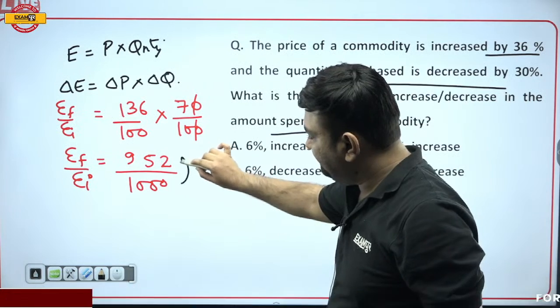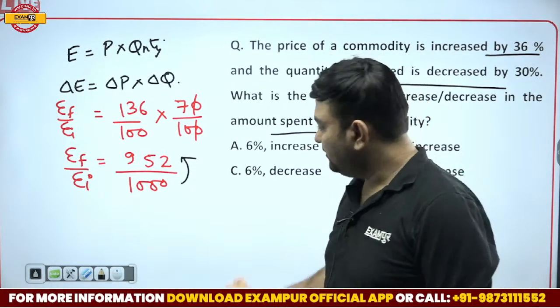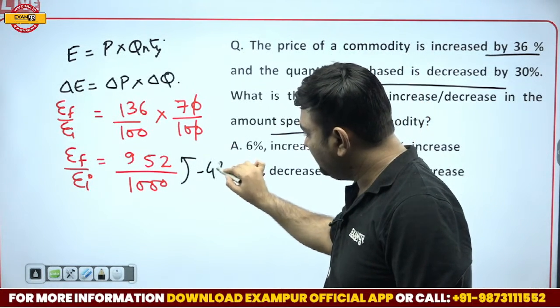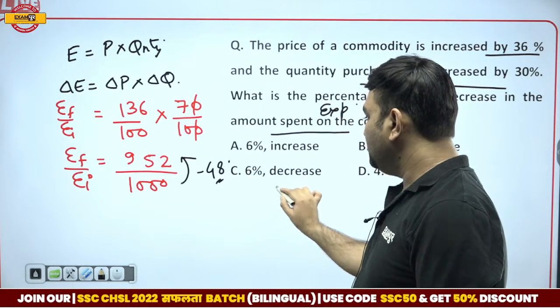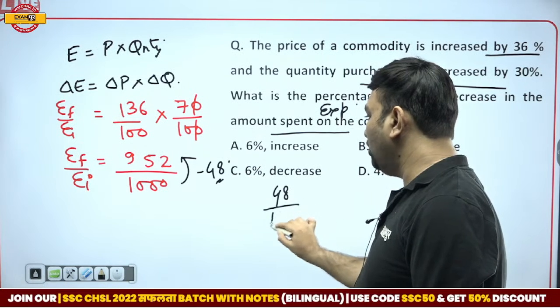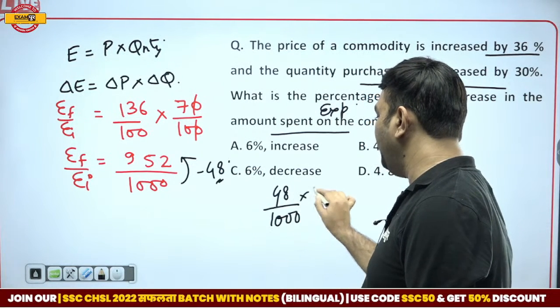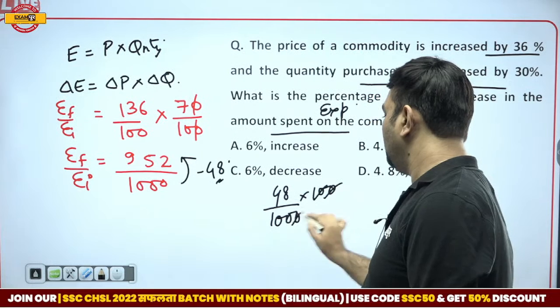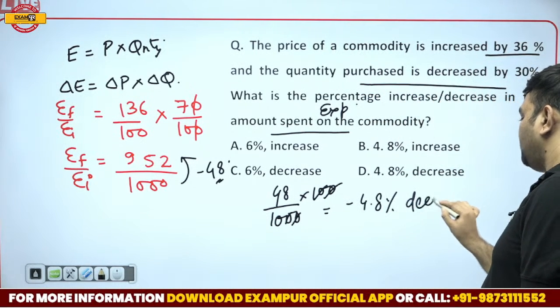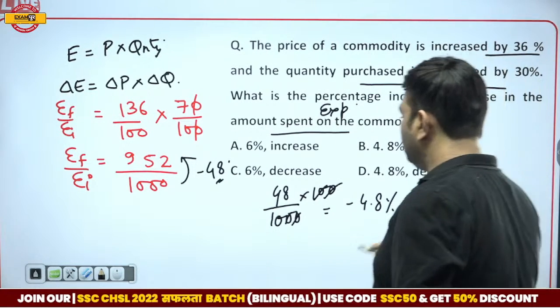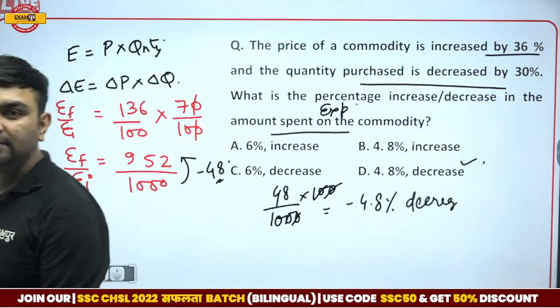It's decreasing, by 480 over the original 10000, into 100, which is a 4.8% decrease.